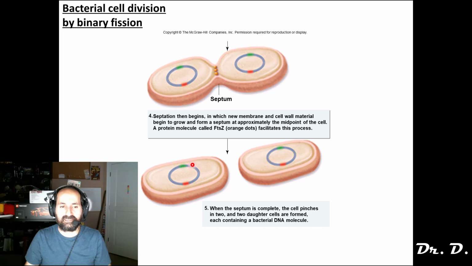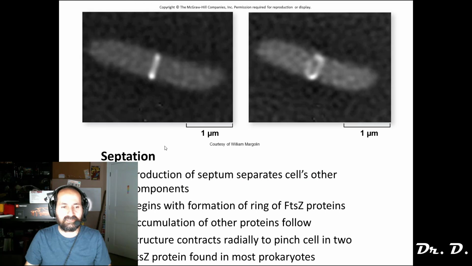And these are two genetically identical bacteria. You can see here the Z ring. This is the actual micrograph of bacteria, and you can see the Z ring there. Is this an electron micrograph, or this might be a fluorescence micrograph? You don't need to know, but that ring there represents the FtsZ ring, and you can see it at the midline of the cell.